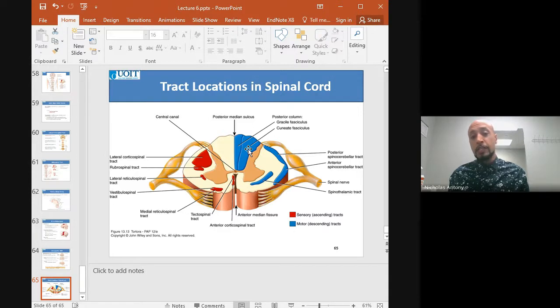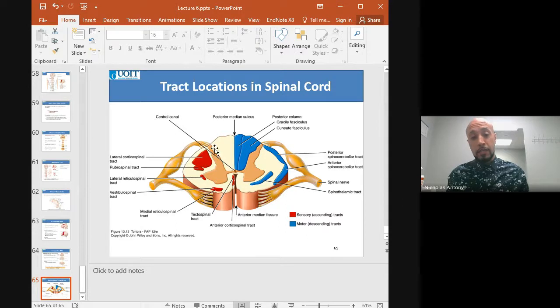So this is what? Fine touch, proprioception, vibration of the upper and lower body. Here we have the spinothalamic tract. This is for pain and temperature. This is the spinocerebellar tracts here. So that's going to the cerebellum from the proprioceptors and from the interneurons.